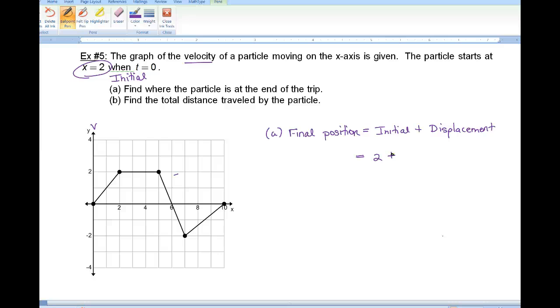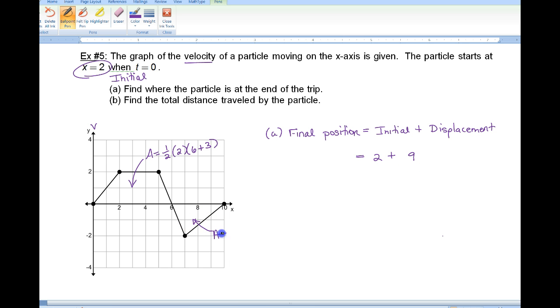So take a look. I have a trapezoidal region and then a triangular region. So can we figure out the area of these? 2 plus. What's this area? It's 1/2 times the height and then base 1 plus base 2. So we get 9.